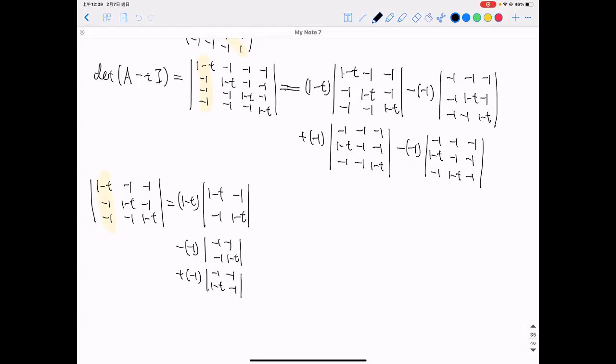You see? Well, let's do this computation.